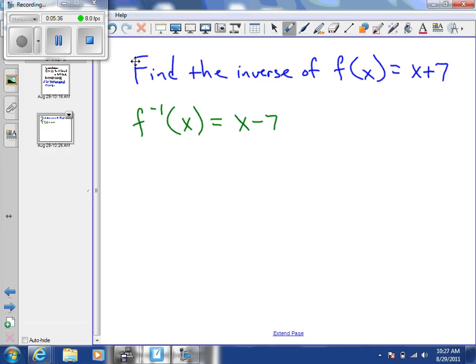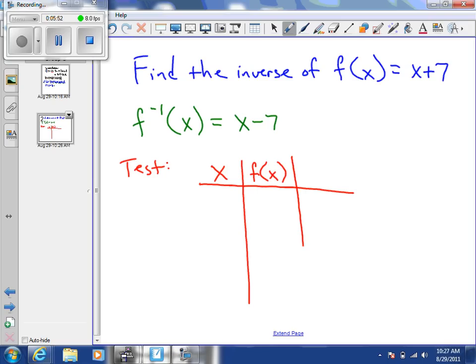Okay, let's test this just to demonstrate that these are, in fact, inverses. I'm going to make a table of values for x. I'm going to plug those x's into my original function, and I'm going to plug those same values into my inverse function.